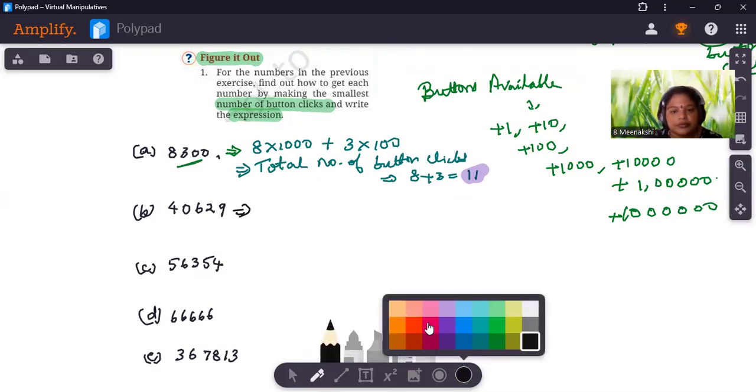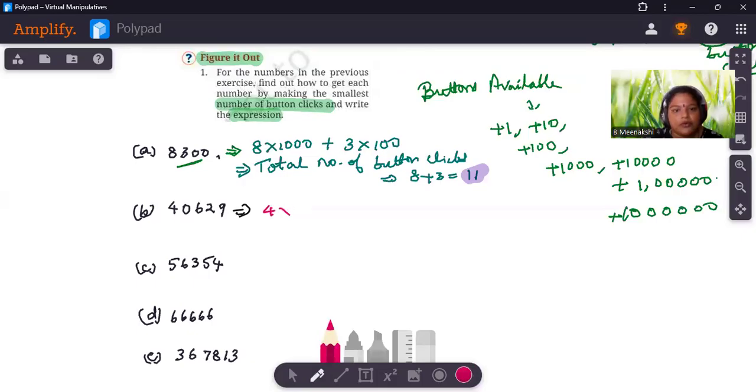40629. 4 into 10,000 plus 6 into 100 plus 2 into 10 plus 9 into 1. So this is the straightforward expression.